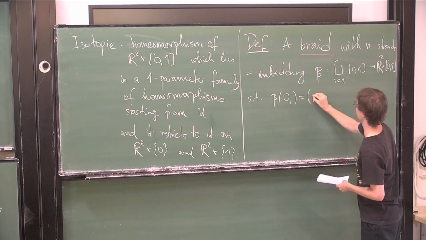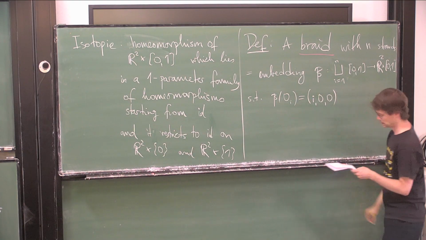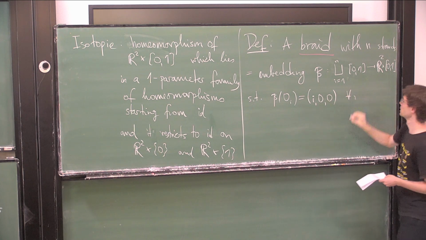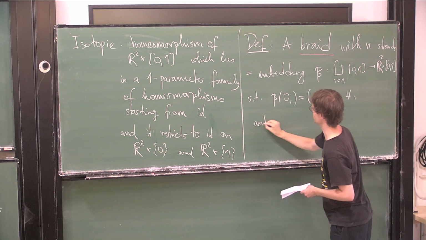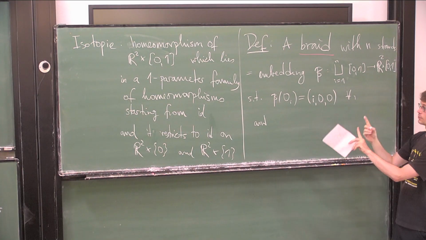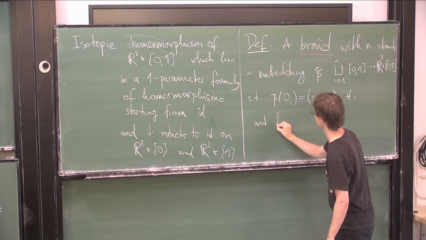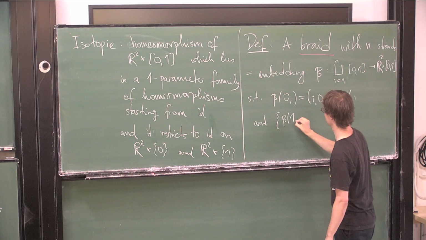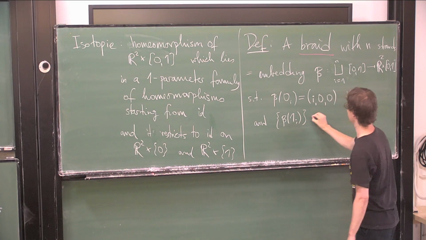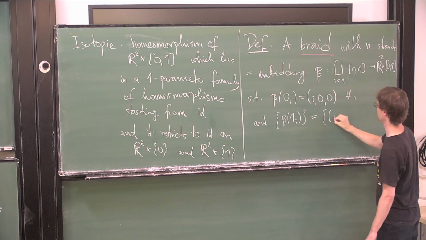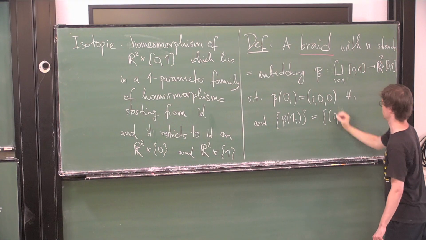We want beta(i, 0) to be (i, 0, 0) for all i. And for the endpoints we allow some permutation, so we say that the set of all endpoints is equal to the set of all (i, 0, 1).